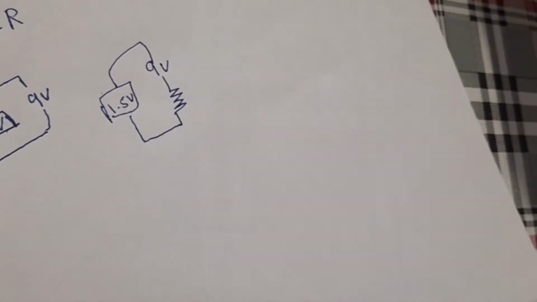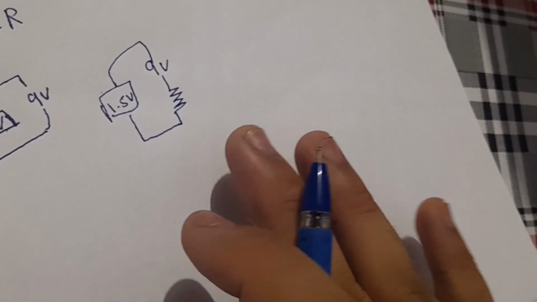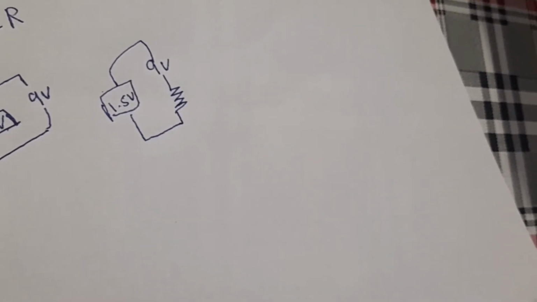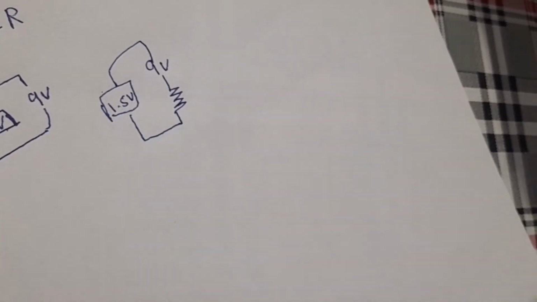Because of this resistor, the voltage will drop to 1.5 volts, and that LED can glow, and therefore I can turn on this LED.